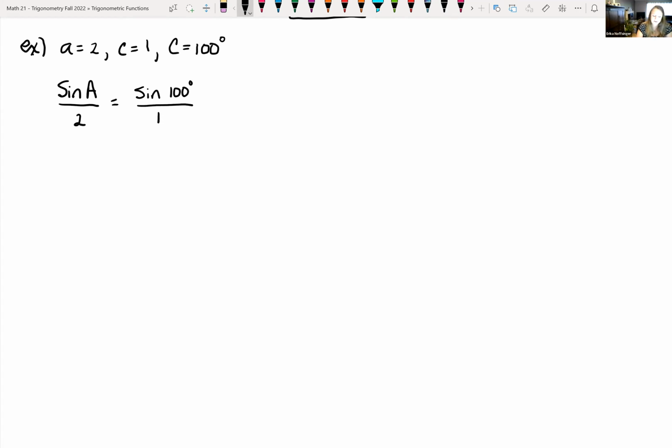So let's multiply both sides by 2. We get sine of A is equal to 2 times sine of 100 degrees. We want angle A, so we could take the sine inverse of both sides. And so we get angle A is sine inverse of 2 times sine of 100 degrees.